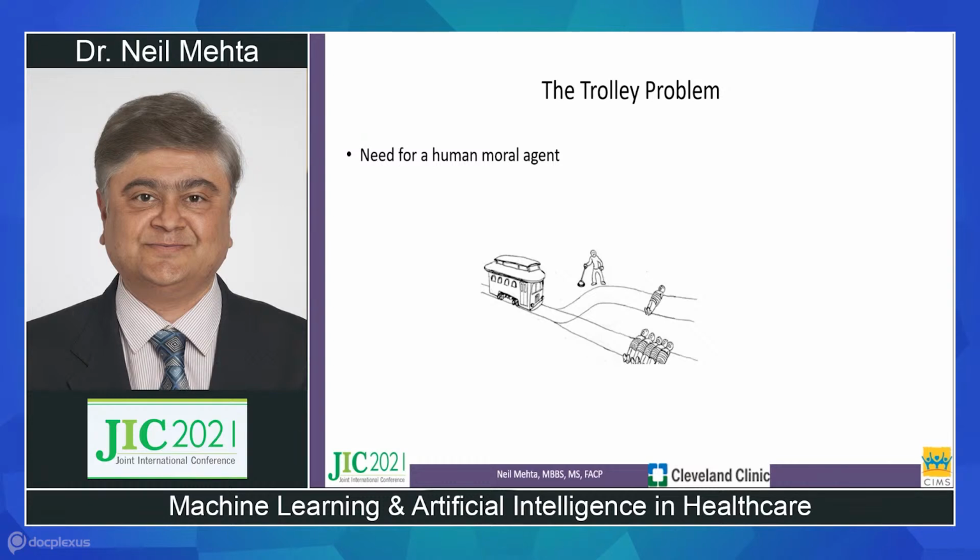Now, a human would almost always flip the switch and make the trolley go on the side track. But machine learning may not be ready to make that decision. So right now, at least with machine learning algorithms, you still need a human moral agent for ethical practice.